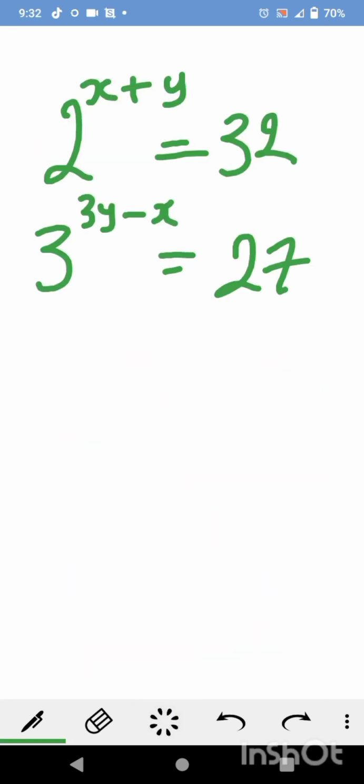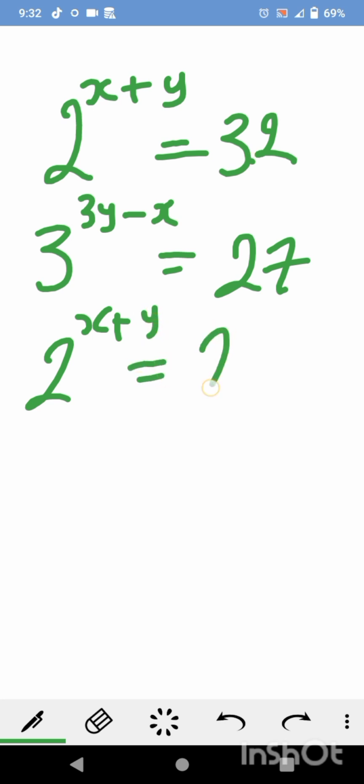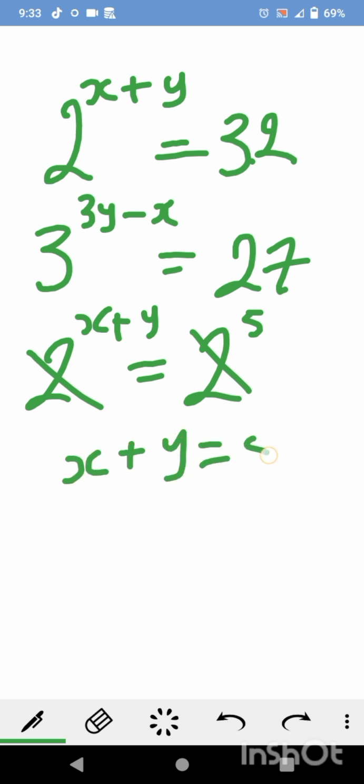Alright, once again, let's learn how to solve these simultaneous linear equations involving indices. From the first equation, we work on the right hand side, expressing 32 as 2 raised to power 5. The bases will leave, and you have x plus y equals 5. That becomes our equation 1.